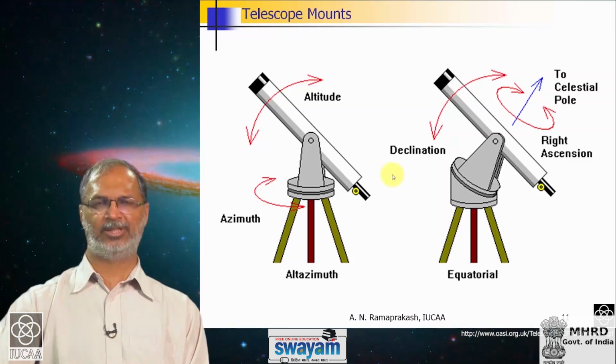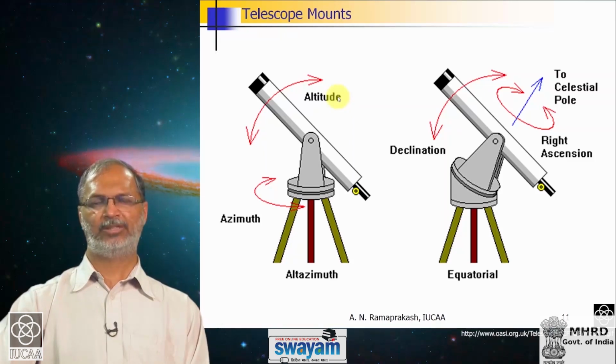We all know that objects, including the sun, the stars, the moon, all of the objects in the sky appear to rise in the east, go across the sky and set in the west. So, if you want to collect light from distant faint objects, you have to point the telescope at that object for a long time. You want to maximize the number of photons you can collect from that object to see faint objects. Which means that the telescope has to track the movement of that object in the sky.